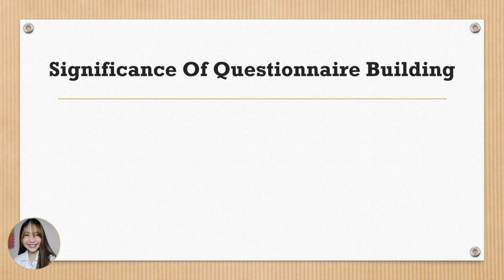Under questionnaire design, we have significance of questionnaire building. The ability of a researcher to develop an appropriate measurement scale does not guarantee that relevant data will be obtained automatically. As a result, a researcher's and manager's understanding of what goes into creating a questionnaire is critical.